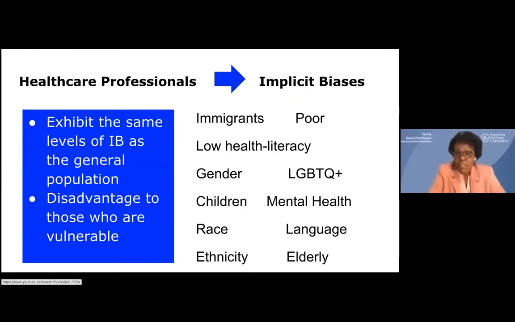And a few of them are listed here. Our LGBTQ plus community, men, women, those with mental health concerns or conditions. Dr. Arterberry just shared individuals where English is a second language. The elderly, of course, we've talked a little bit about race and ethnicity, immigrants, and our children. So everyone is impacted by implicit bias.